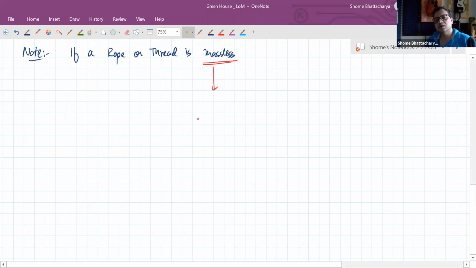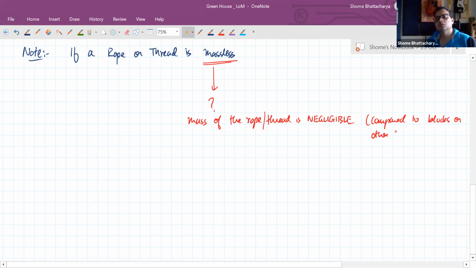It means that the mass of the rope or thread is negligible compared to the blocks or other bodies in the system. So if that happens, we say it is nearly massless.